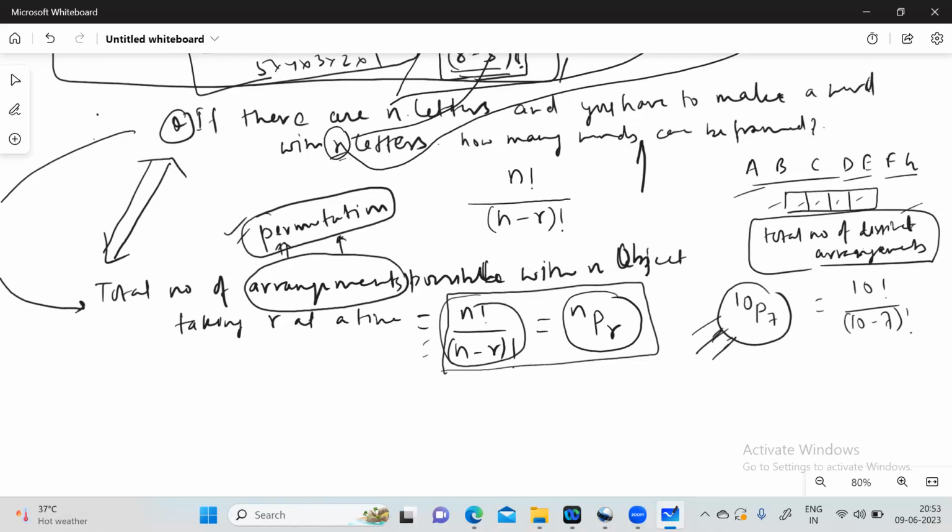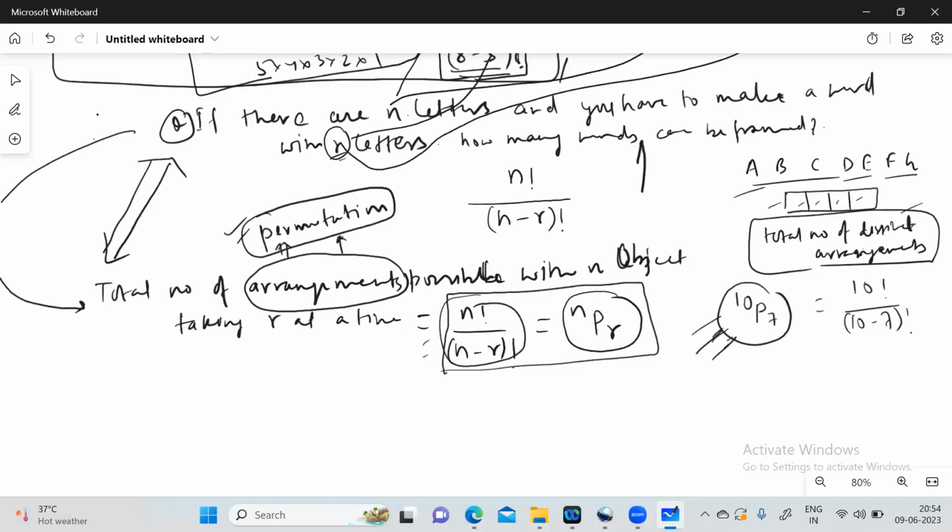So 10P7 is the total number of arrangements, and by solving this we will get the total number of arrangements of 10 objects taking 7 at a time. Do you get what it is?